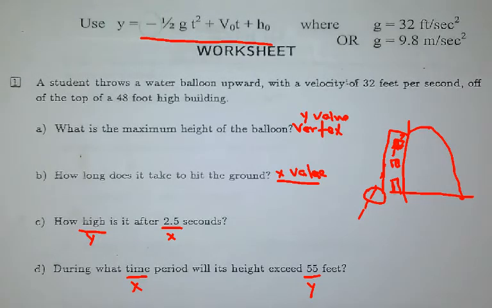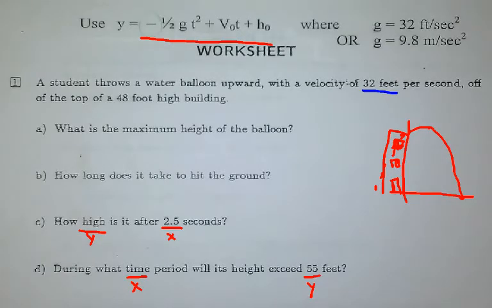So we want to get rid of this business here, for a second anyway. All right, so let's pick another color. So one half of g. g is gravity, and the way we write the equation depends on what you're measuring with.